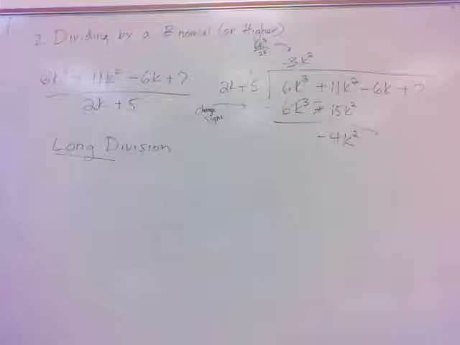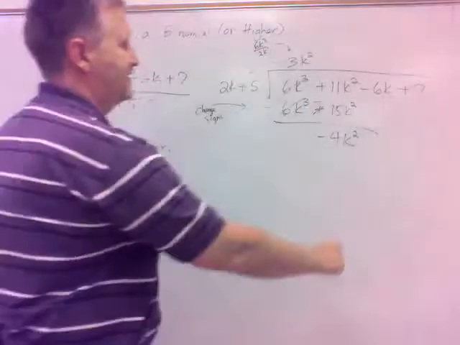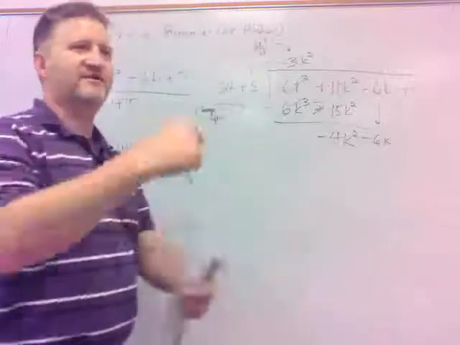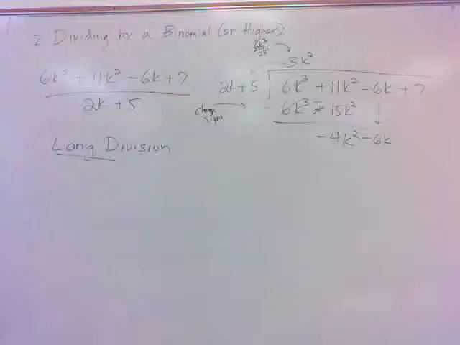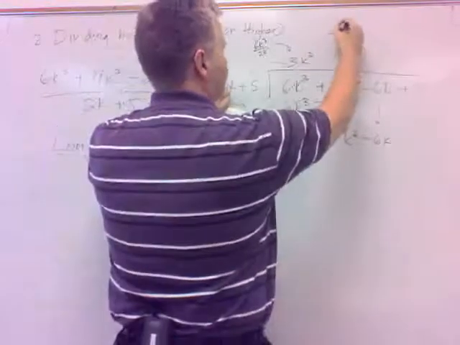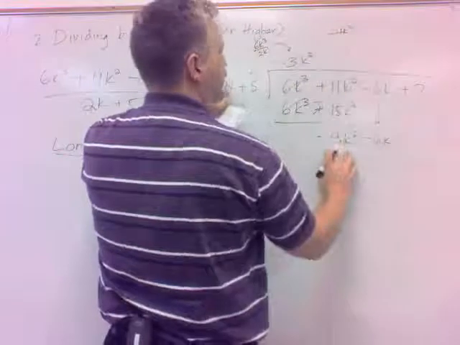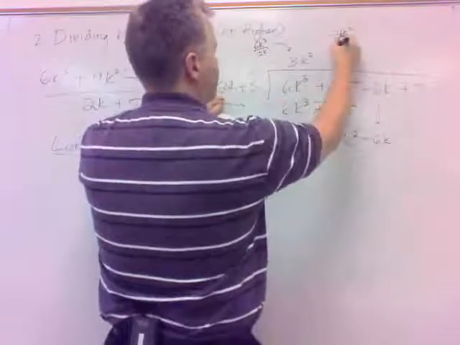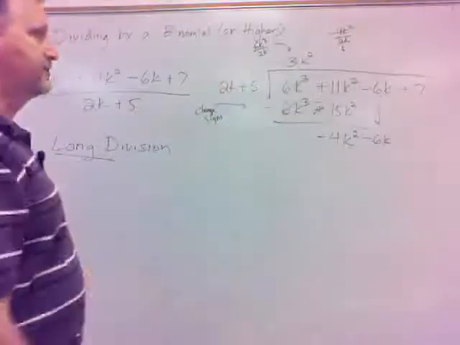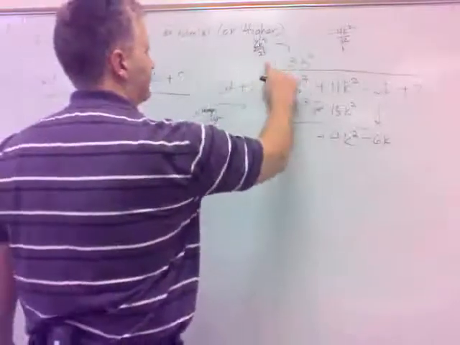Now, we have to repeat that process until we get to where we can't do any more. Bring down the next term here and repeat that process. Who remembers the process? What do we first do? We divide the first two. We take the minus 4k squared and divide it by the 2k, first term of my divisor. And that's going to go alongside the 3k squared.